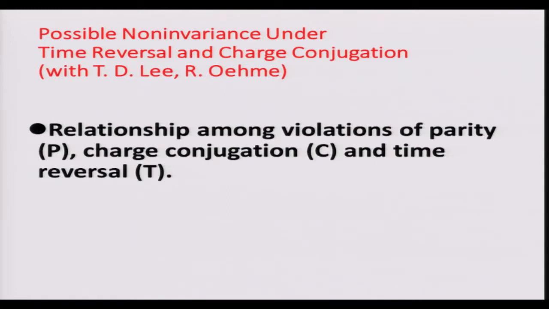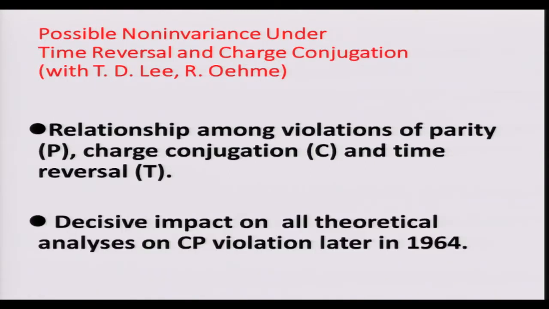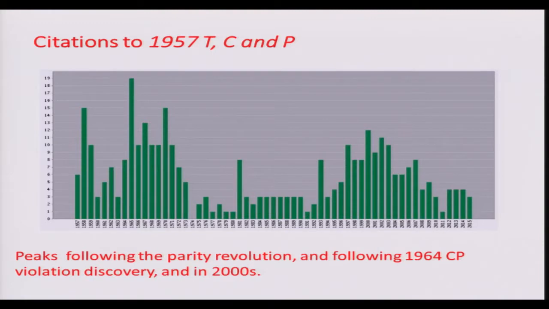So in this paper, they discovered the relation among C, P, and T. This paper has had a decisive impact on theoretical analysis later on when CP violation was discovered. So there was a clear peak following immediately, and also there was a more pronounced peak around 1964.